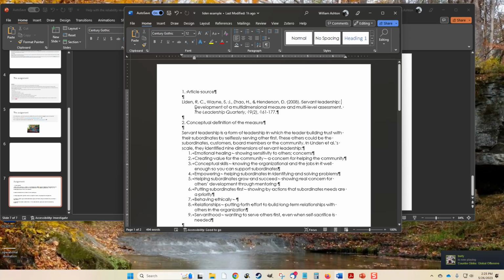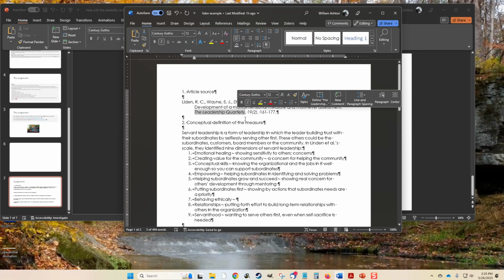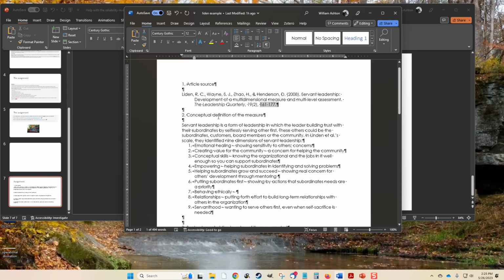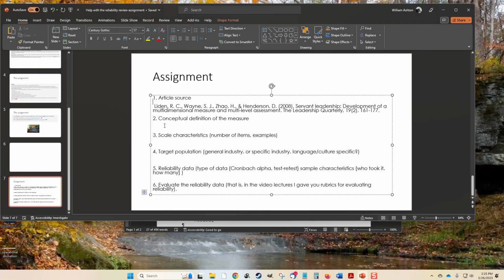However, after the punctuation, the first letter of the sentence is capitalized, the rest of the first letters are not. The name of the journal in italics, the volume number and issue number, and the page numbers. Okay, and then the very weird hanging indent, that is, the first line is flush, but everything else has a tab to it. All right, so that would be the article source.